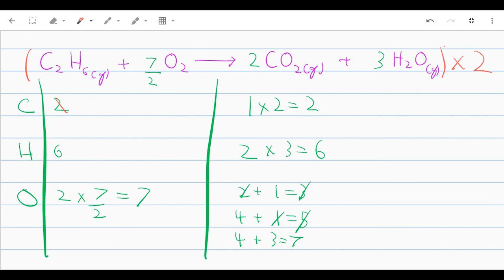Because we have 2 carbons on each side, well, now we'll have 4 carbons on each side. We have 6 hydrogens, now we'll have 12. We have 7 oxygens, now we'll have 14.